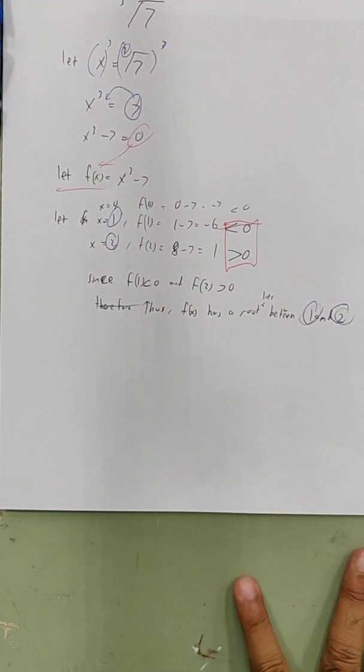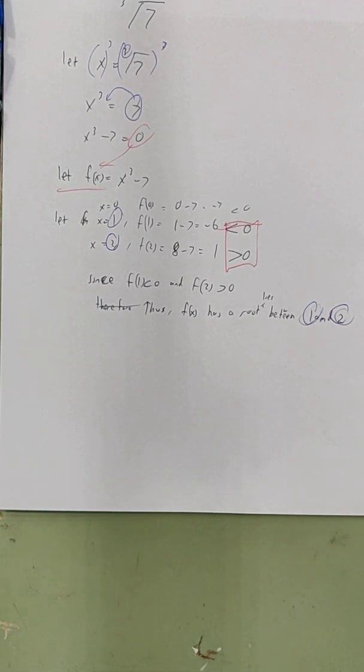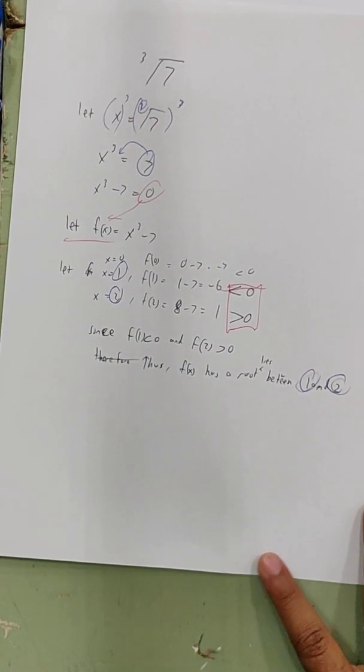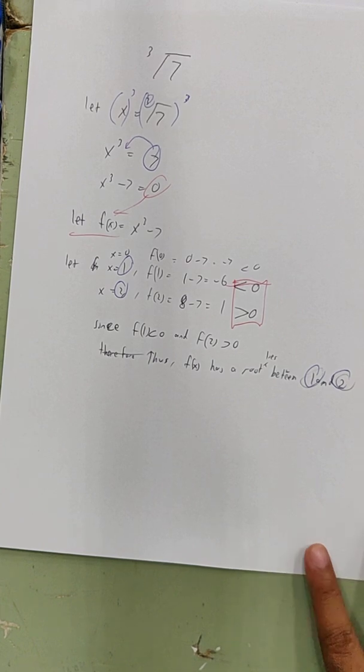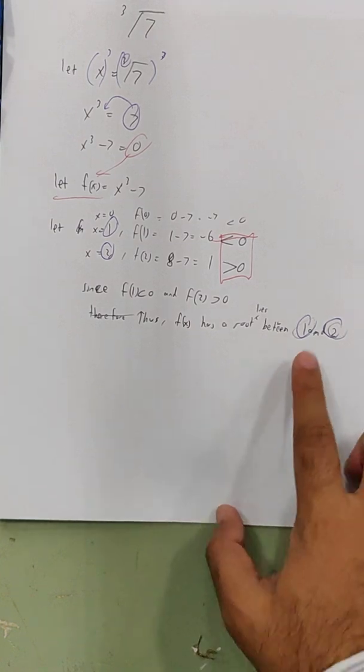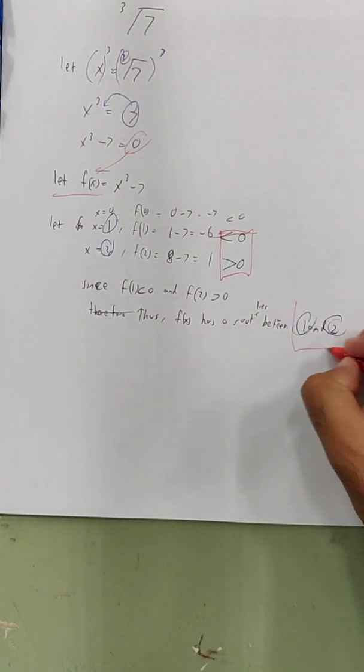Newton-Raphson, you are on your own. I give you 1 minute. Try now. What's your first x? 1.5. Why? It's the middle. Middle of what? 1 and 2 here.